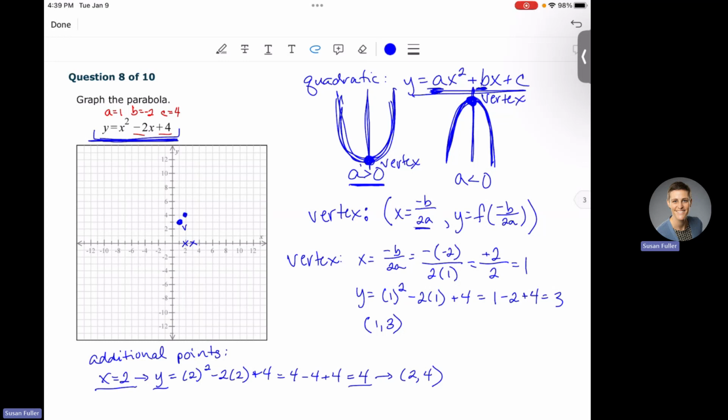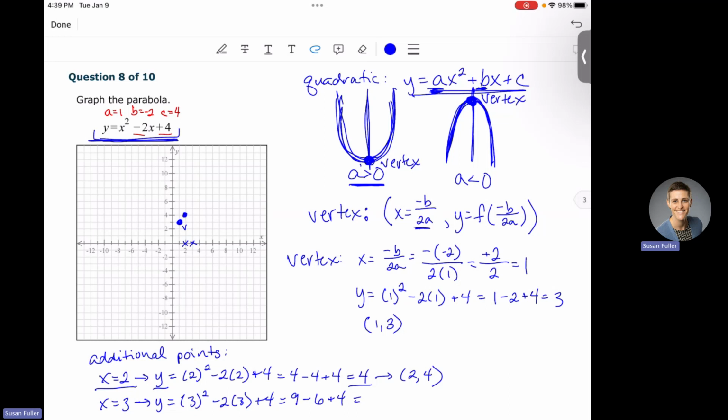2, 4 is here. And then one more point, I'm going to pick x equals 3, and then I'm going to plug that in to get y. So y is going to be 3 squared minus 2 times 3 plus 4. And then we just need to do the arithmetic here. 3 squared is 9, minus 2 times 3 is 6, plus 4.